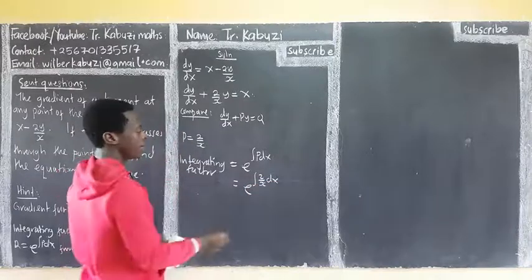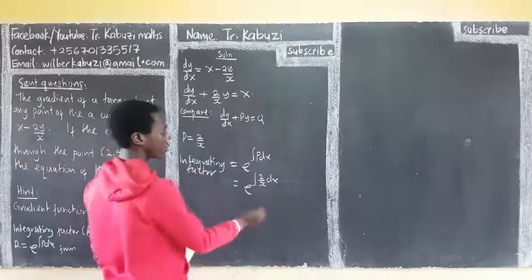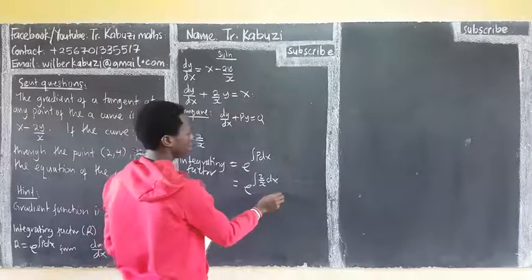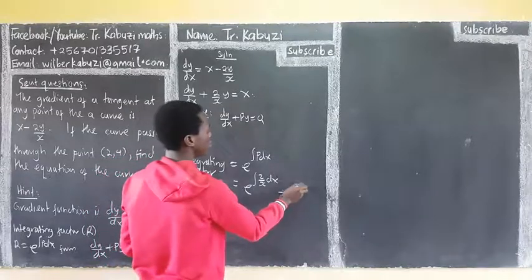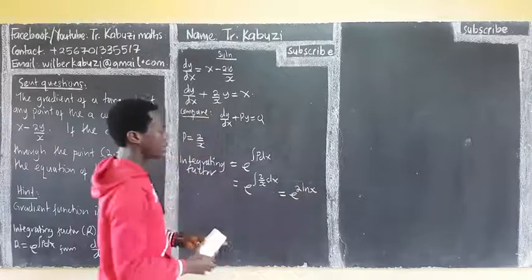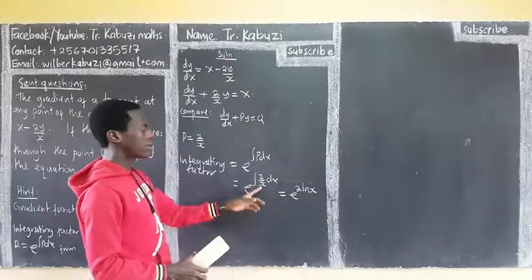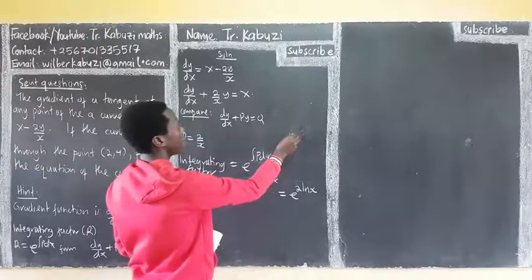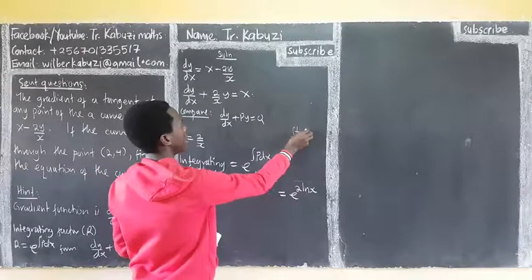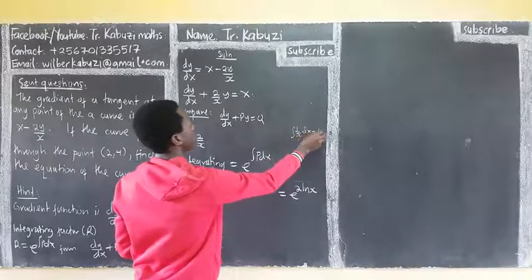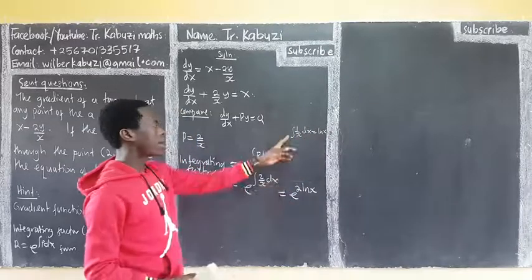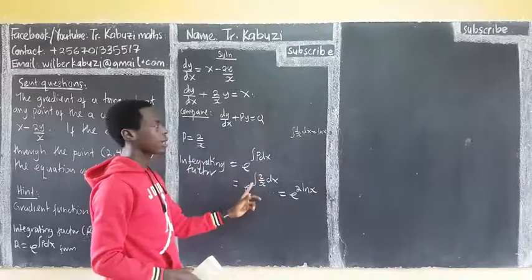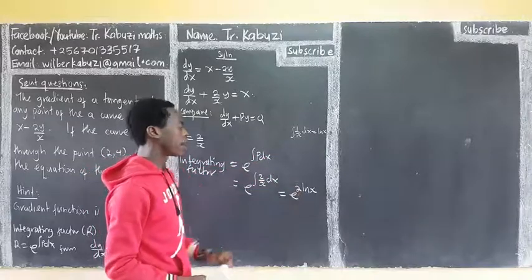Now take the constant out, this is going to be equal to e to 2 natural log of x. We take this out and integrate this. So remember, integral of 1 over x dx is natural log of x. But remember, I have a constant here, which I'm taking out. That's why I have 2 here.